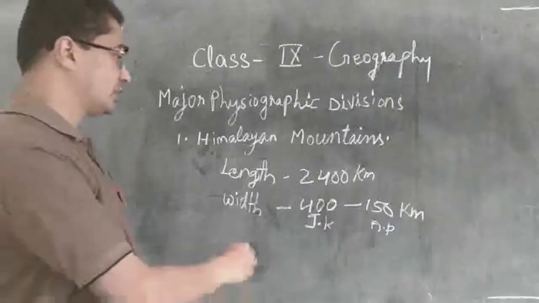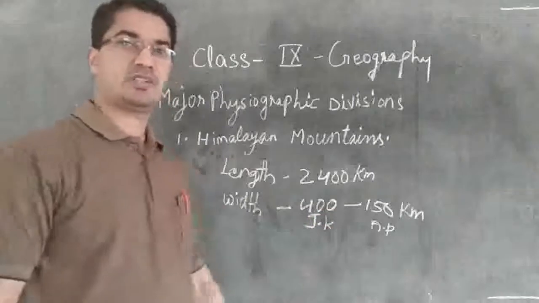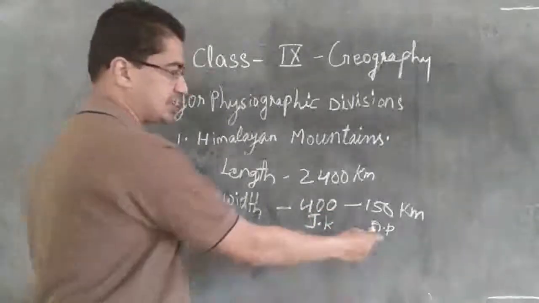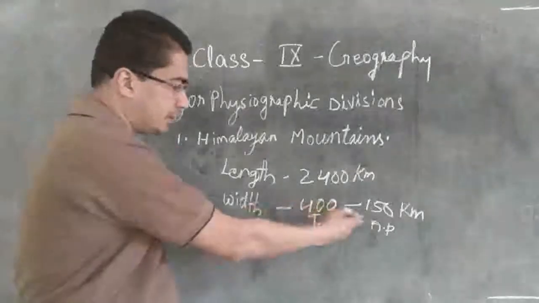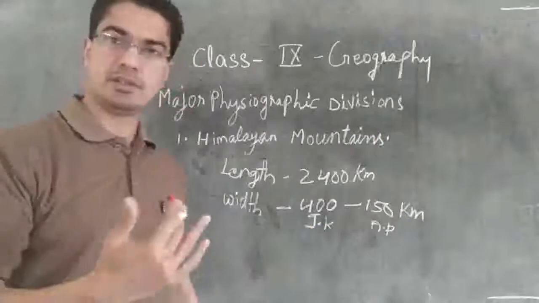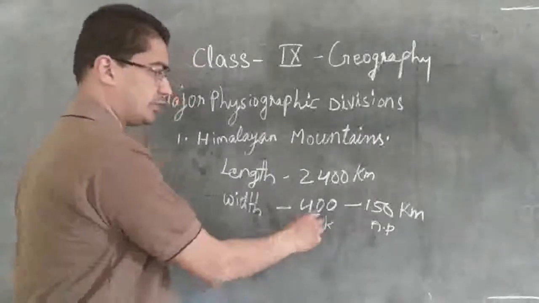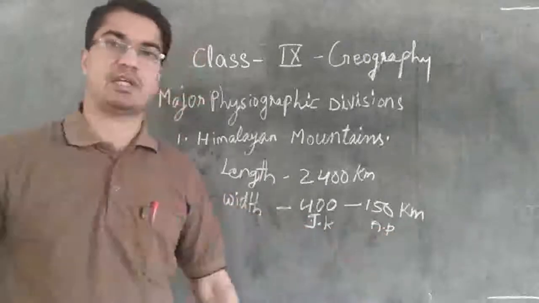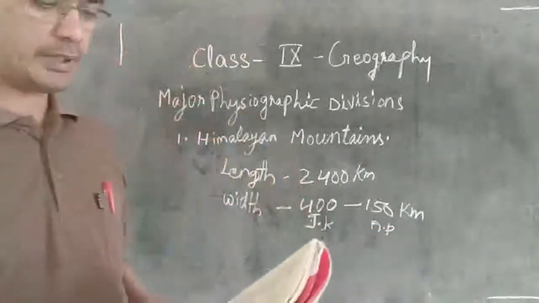Some places it is very wide, reaching up to 400 kilometers, and some places only 150. And some places it will be in between. It may be 200, 250, 300 and so on. So the starting place it is 400 and the ending place, that is in Arunachal Pradesh, it is 150 kilometers wide.